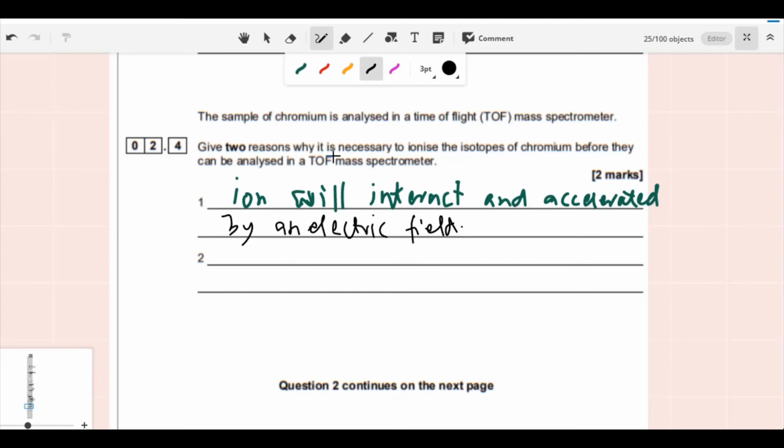The second reason why it is necessary to ionize is that ions create a current when they strike the detector.